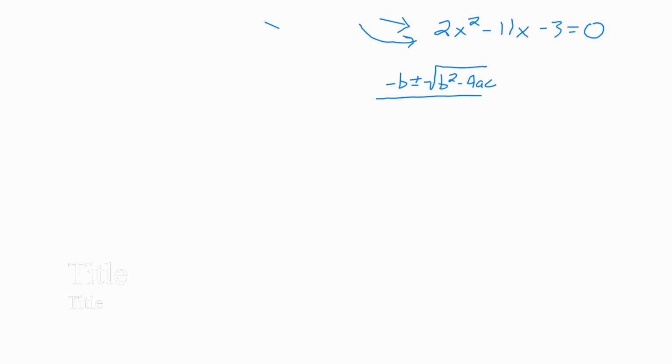And you will have to identify in the equation which one is a, b, and c. So in this equation, a will be 2, b will be negative 11, and c will be negative 3.